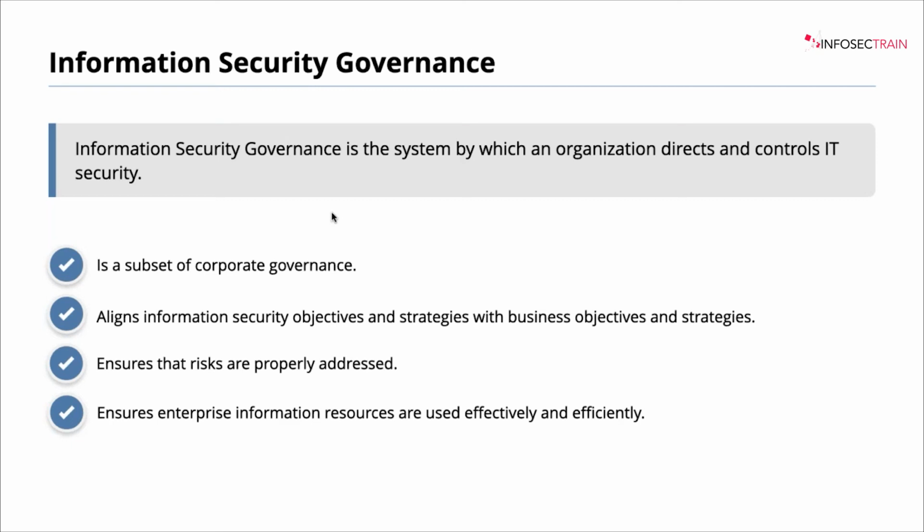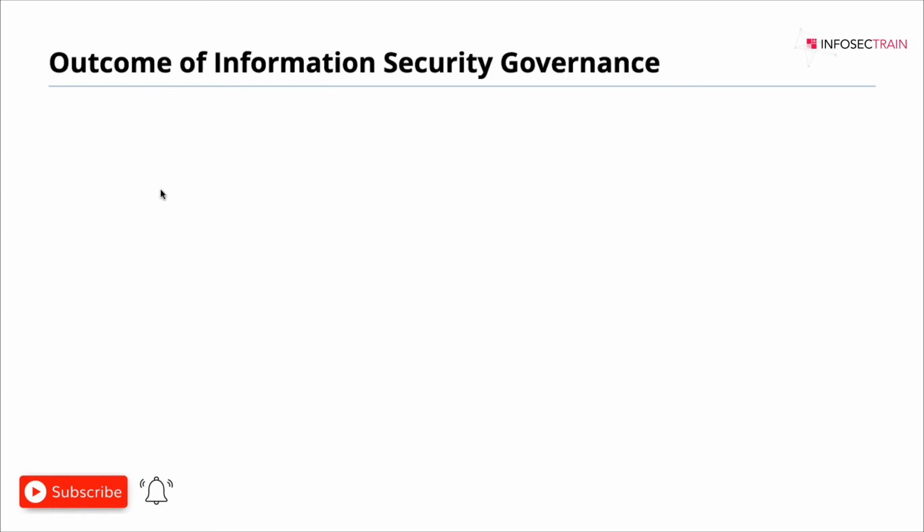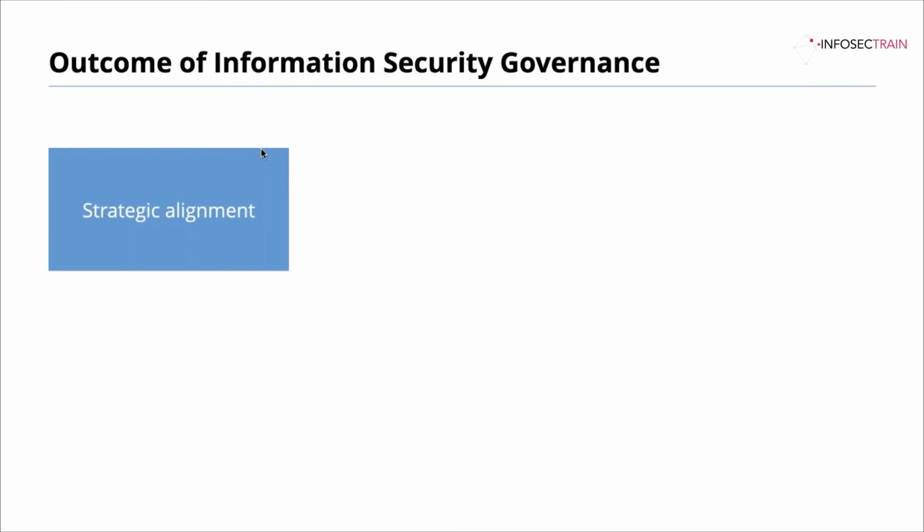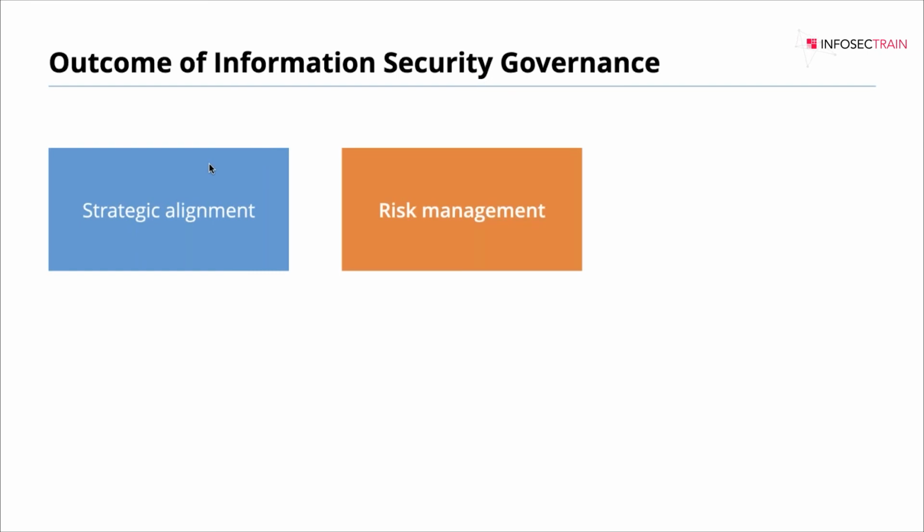Having information security governance will ensure that this is all aligned, that the risks are properly addressed within the organization, and that your information resources are being used effectively and efficiently. That's the overall importance of information security governance. Some of the benefits: the first outcome is strategic alignment. I keep saying this is one of the most important concepts. It sounds very basic, but a lot of questions are asked on it. Another important aspect is proper risk management.